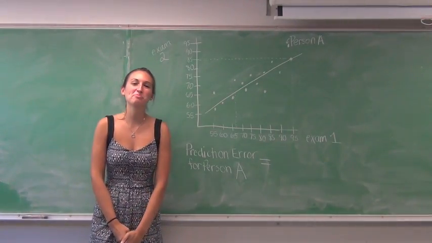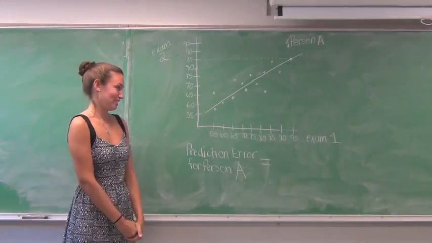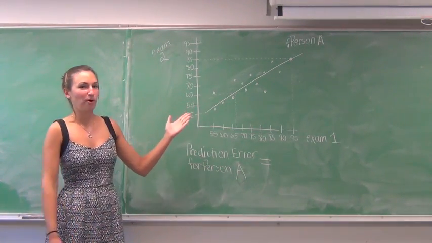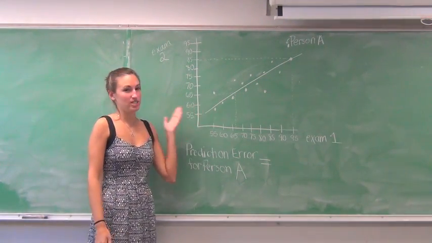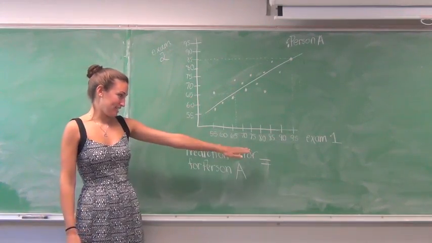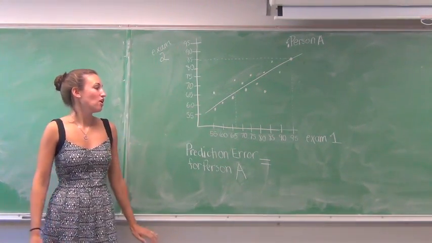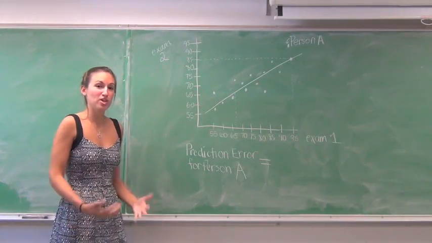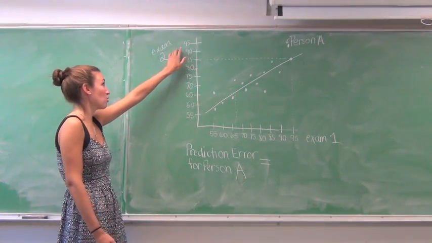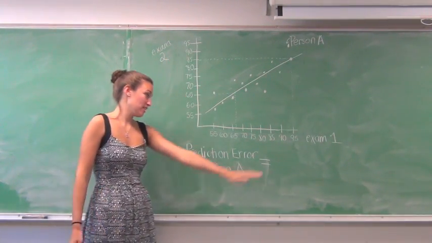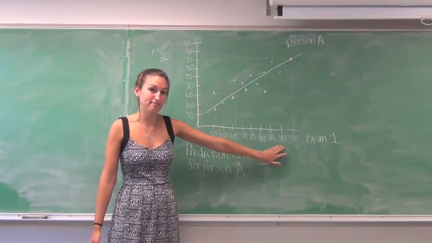So now let's look at prediction errors with an actual example. Up here on the board, we have a scatter plot and a regression line with exam 1 scores on our x-axis and exam 2 scores on our y-axis. So what we're trying to do here is predict someone's score on exam 2 given what they got on exam 1.